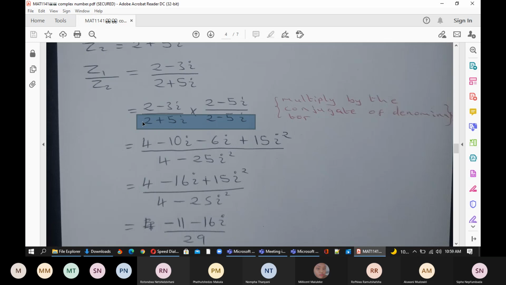When we are multiplying those two, what do we apply? This is the difference between two squares. So we don't say this one times this one and this one. No, first by first, second by second. This is what we get. Any question on the difference between two squares?